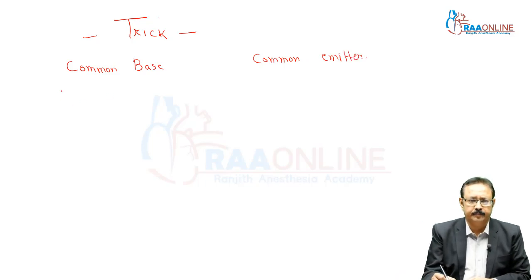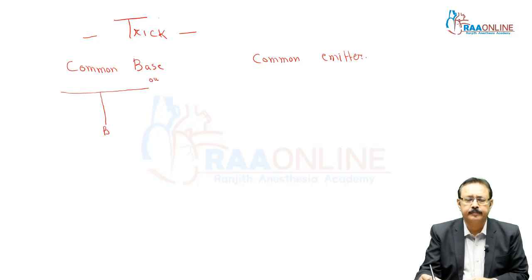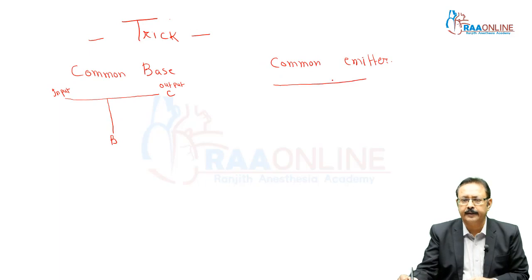Make this diagram. Which is common to both portions? Common base. So write here base. It is output. It is input. Output is always collector.